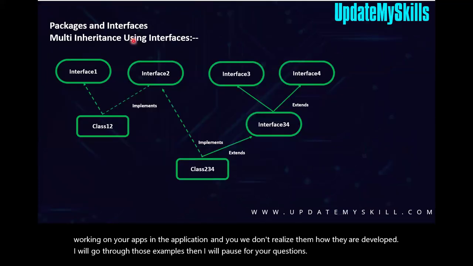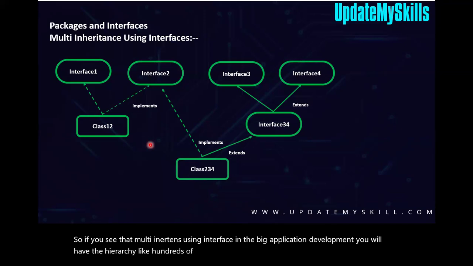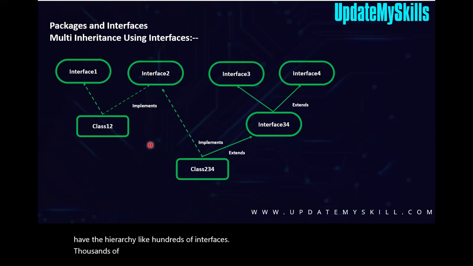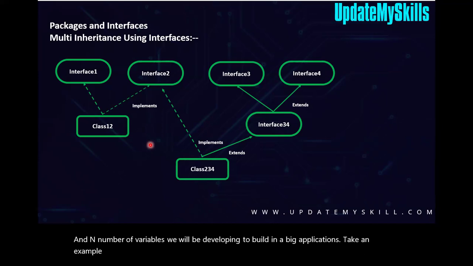In big application development using multiple inheritance with interfaces, you will have a hierarchy of hundreds of interfaces, thousands of classes, thousands of methods, and any number of variables. Take an example: the iPhone is working currently and you are using it day to day.